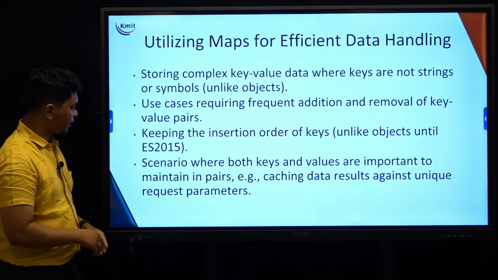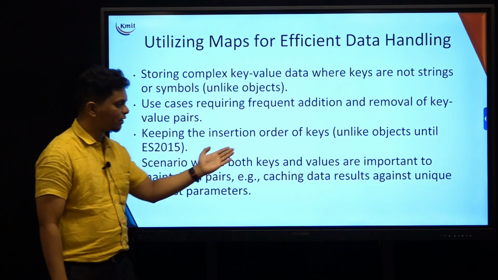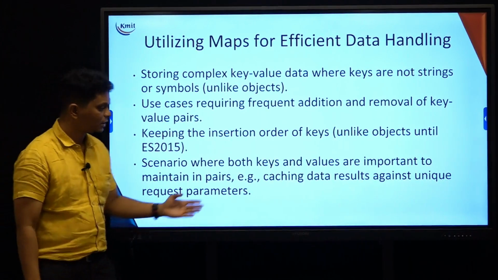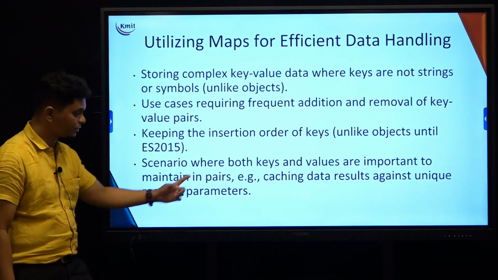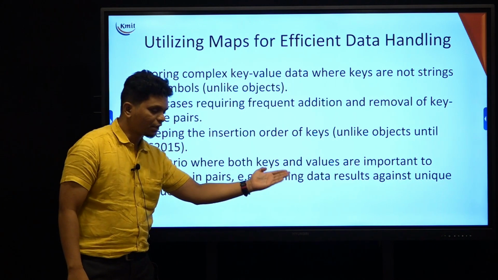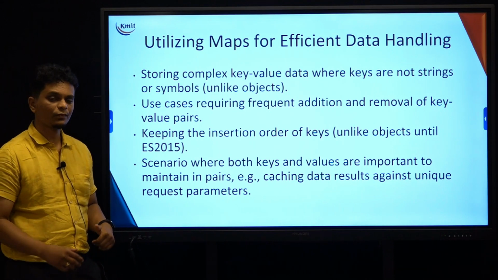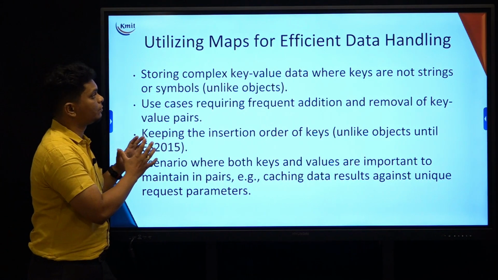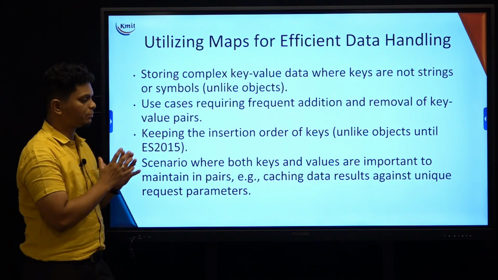And this is the best scenario where both keys and values are important to maintain in pairs. For example, caching data results against unique request parameters. This is the best example we can have. Once again I repeat, caching data results against unique request parameters. So these are the various scenarios where we can use maps.